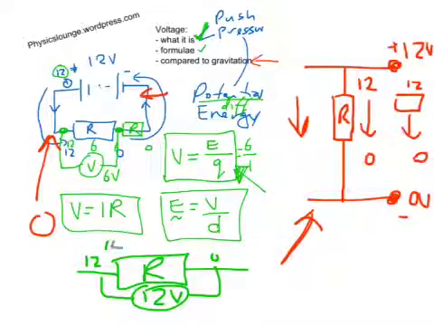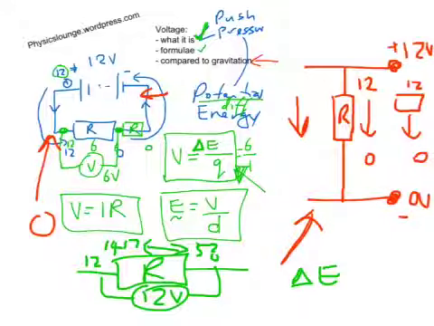We could be going from 14 to 2, or from 17 to 5 joules per coulomb of energy, because what's important is the difference between the 2 points. So it is the change in energy. That's why you might see the formula written with a change on it, change in energy per charge.